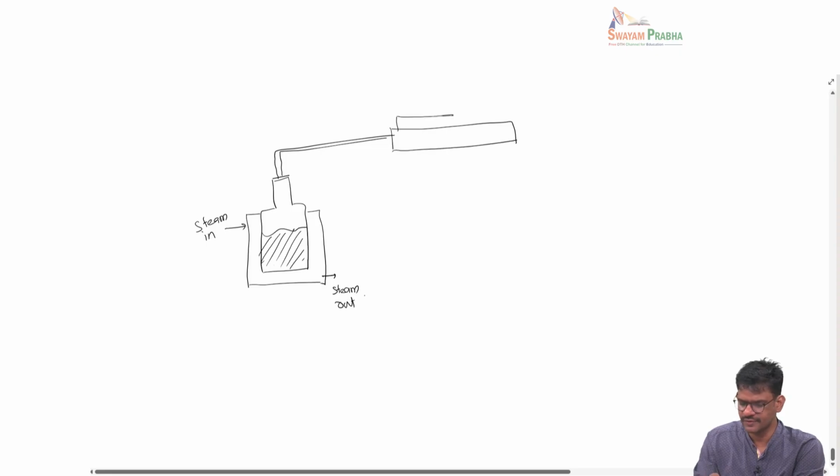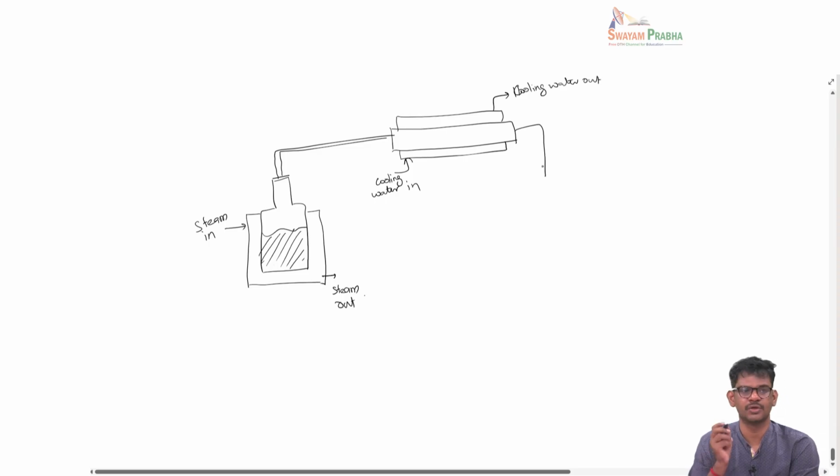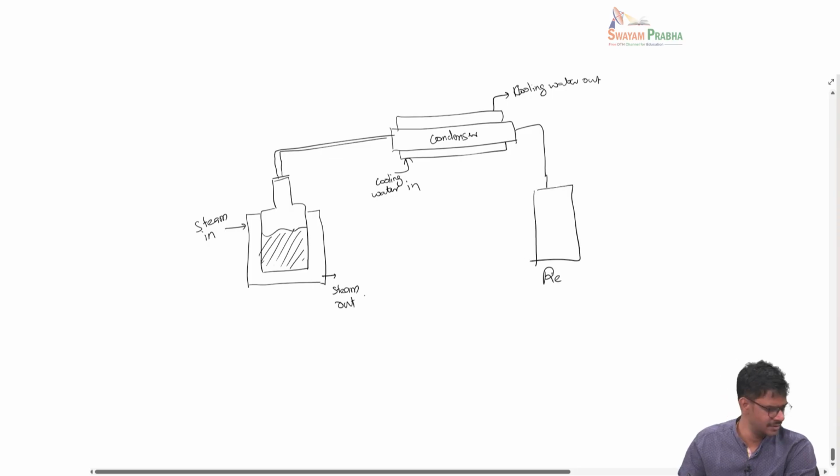The condenser also will have a jacket where the cooling water will be sent in. Once the vapor comes out of the condenser, this would have the liquefied condensate, and this can be collected into a receiver. It's called a receiver, yeah.